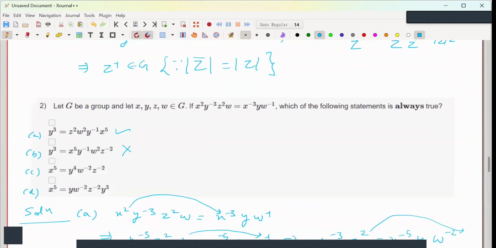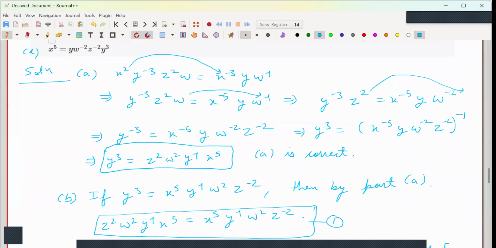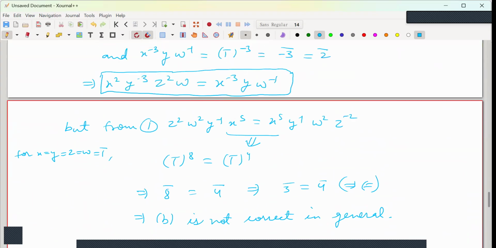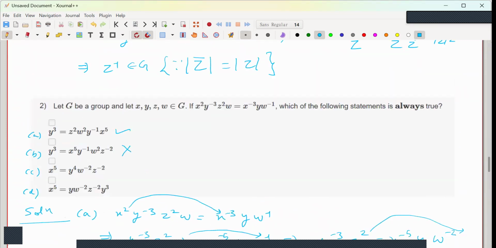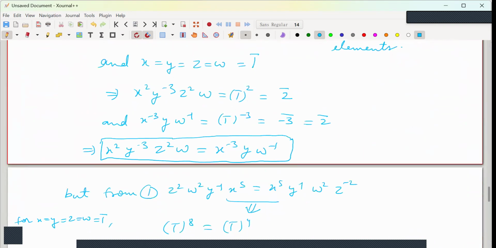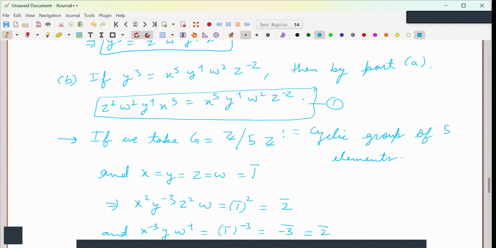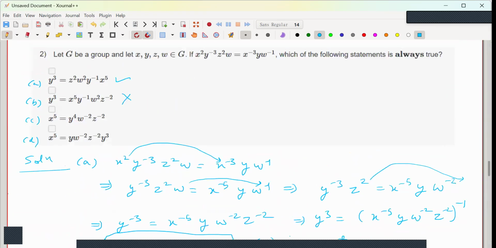So from this, x square y minus q, z square w, s square y minus q, z square w equal to, we have x minus cube y w inverse, and this will imply what we need in terms of x5, right?